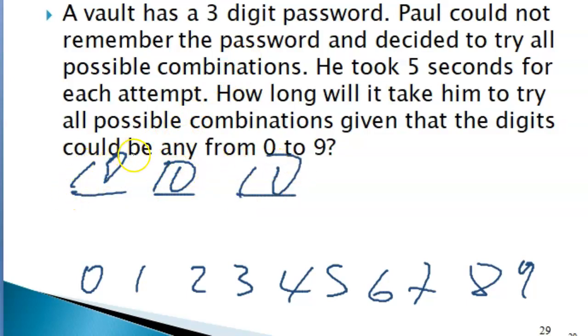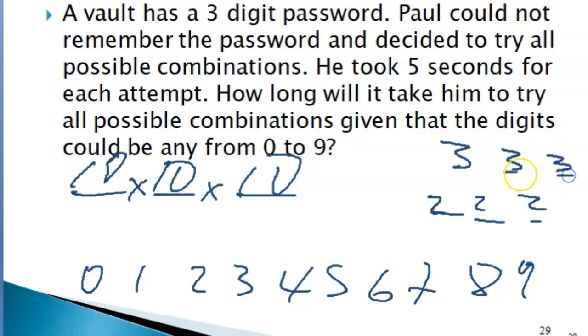So 3-digit password, and each slot, we can have 10 possibilities. Since, of course, we're assuming that a number can repeat in the password. So a password, for example, could be 222. Or a password could be 333. Alright, so if I use a digit in the first slot, it can also be used in the other slots.